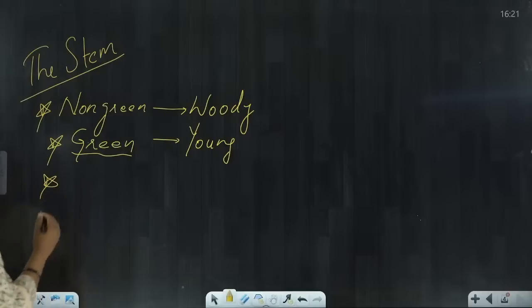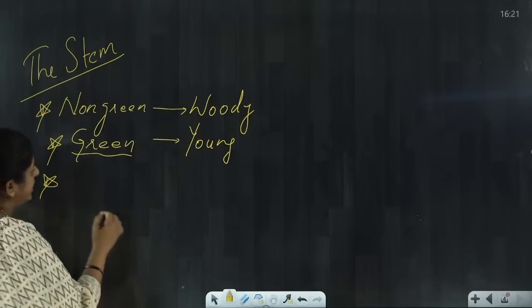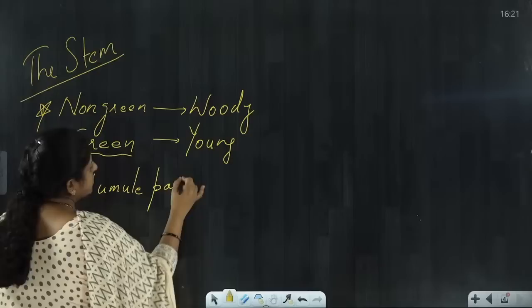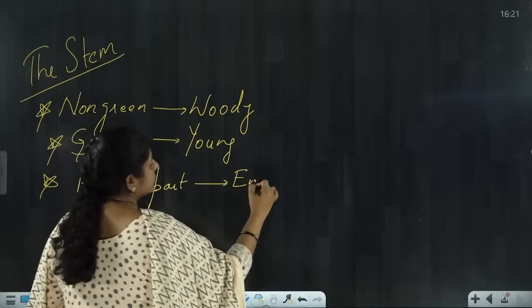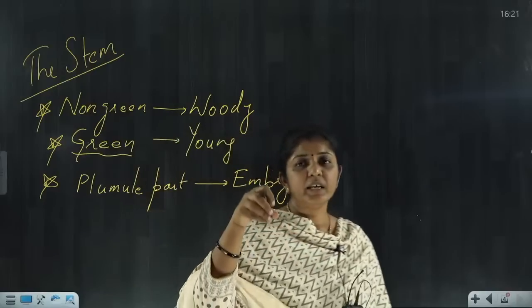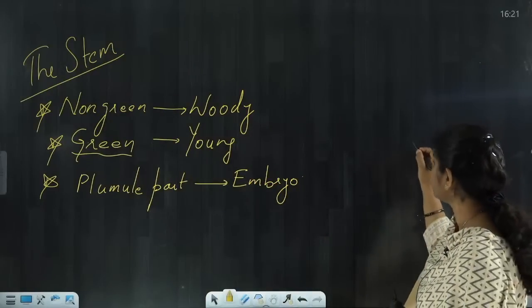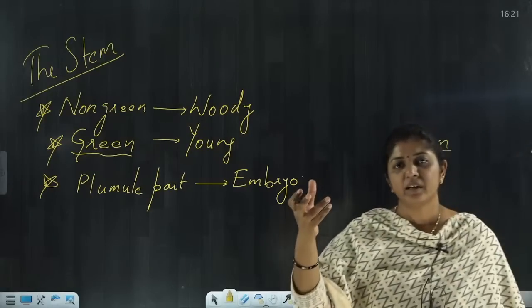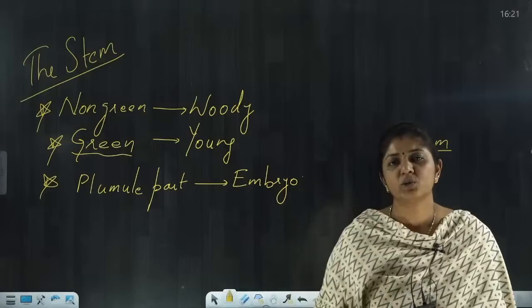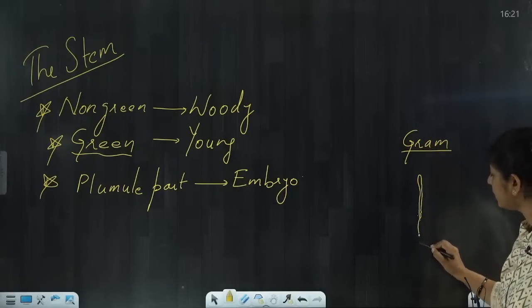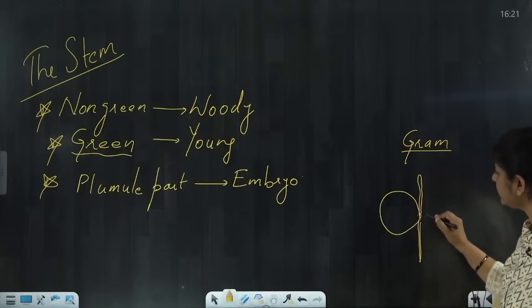Next thing: the stem comes out from the plumule part of the embryo when you sow a seed into the ground. What is the plumule part? Suppose I take the example of gram, like chana, the white grams. When you soak it and sow it under the soil, you will find something sprouting out, and there are two cotyledons.